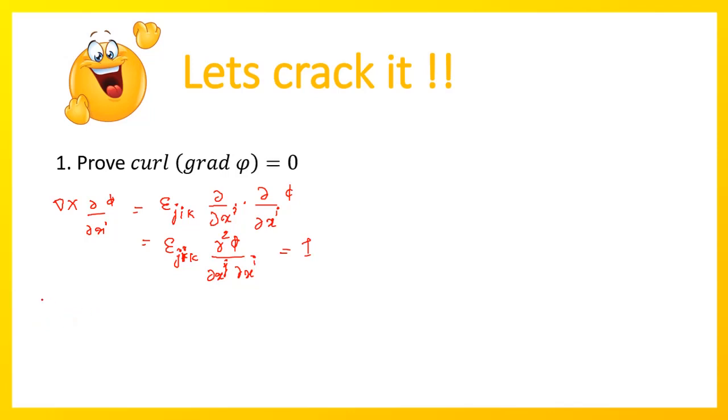So by replacing dummy indices, I can switch i and j and write this equation as epsilon_ijk dou square phi divided by dou x_i into dou x_j.